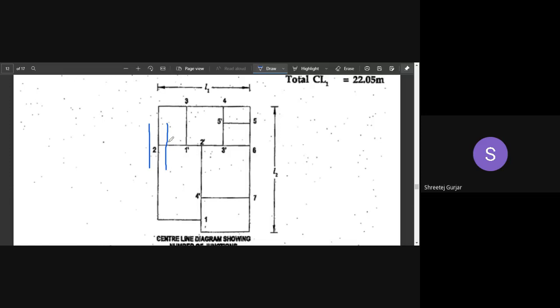Whenever we are calculating for this wall, we will go up to this level. This part is already excavated when we are doing excavation for this wall. So no need to take into account this part when we are considering excavation for this wall.